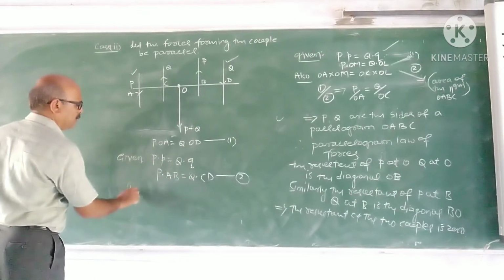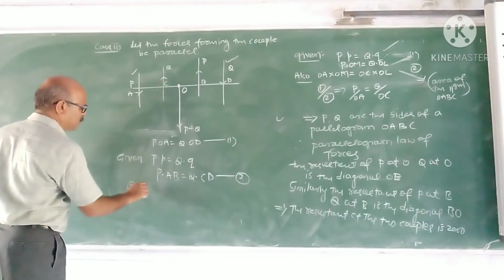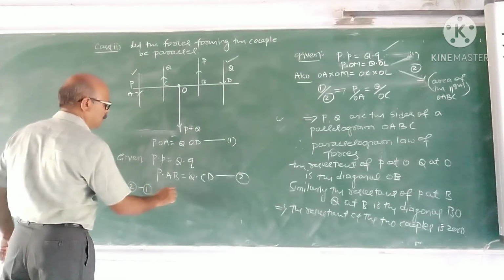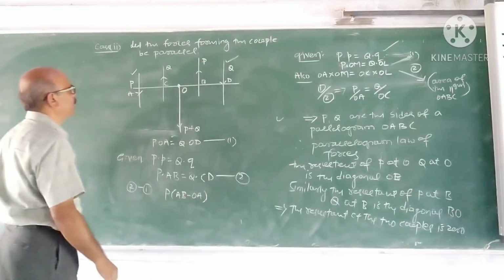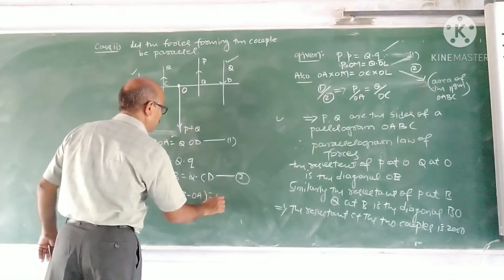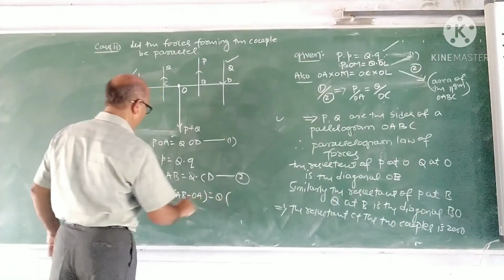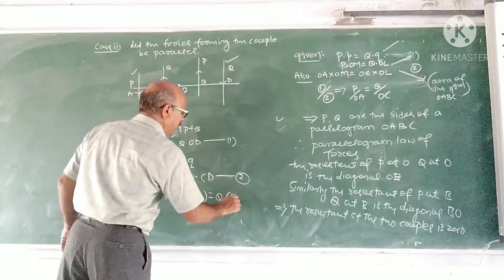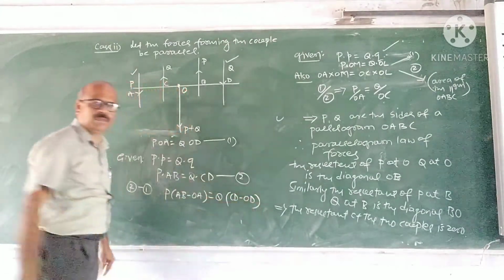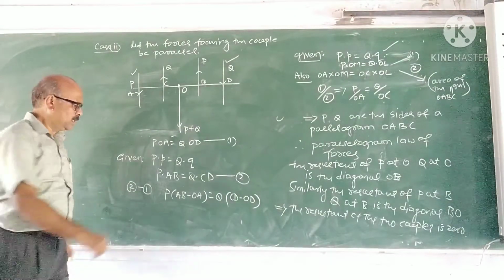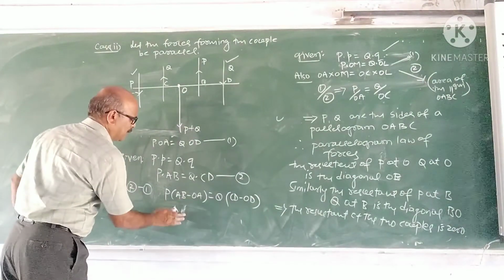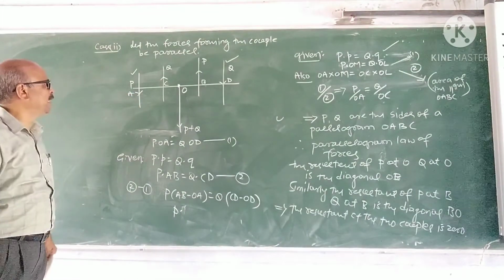Now take 2 minus 1. What does 2 minus 1 give? P into AB minus OA is Q into CD minus OD. Follow this one. P into, anybody see the diagram, what is AB minus OA?